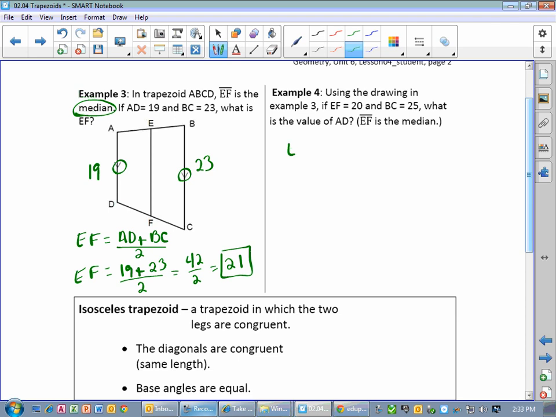So the median is the two bases added together, so AD plus BC divided in half. Now we know EF, we're told, is 20. We want to find AD, so I'll leave that alone. And we know BC is 25.